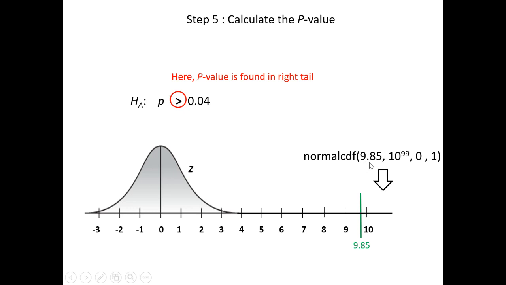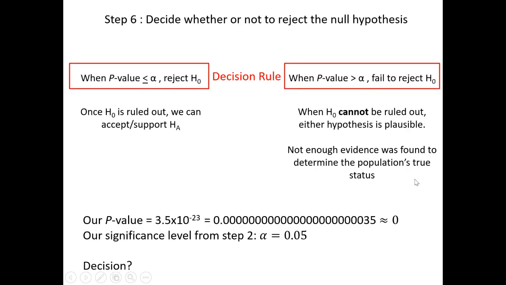If you use the normal CDF function, you would be starting at 9.85, the test statistic, and going to the right, so to positive infinity or a very large positive number. That's on the standard normal z distribution, whose mean is 0 and whose standard deviation is 1. If you plug that into your calculator, you're going to find that it's approximately 0. So that p-value is going to be our measure of the evidence against the null hypothesis.